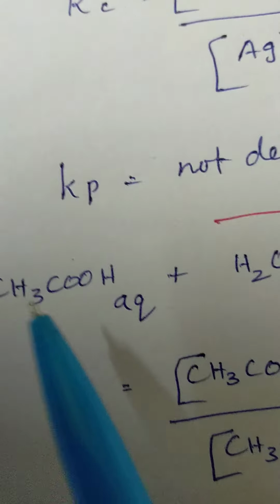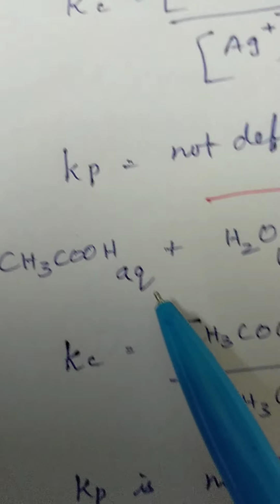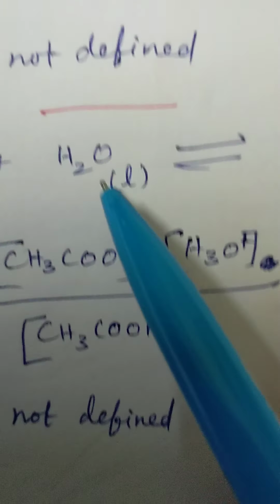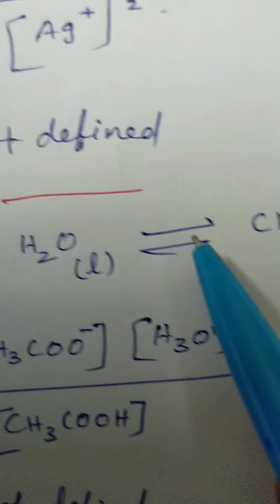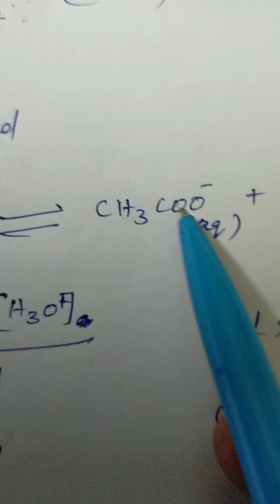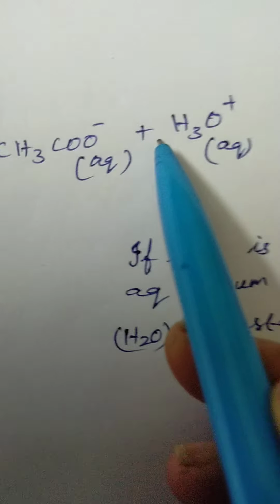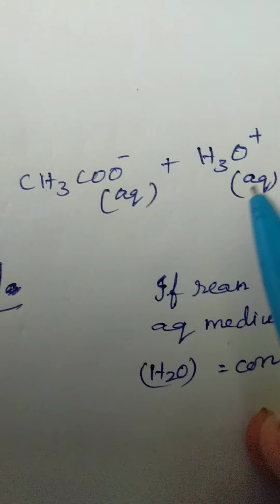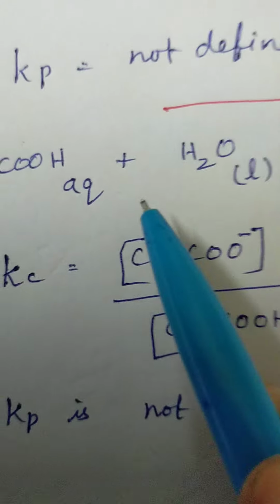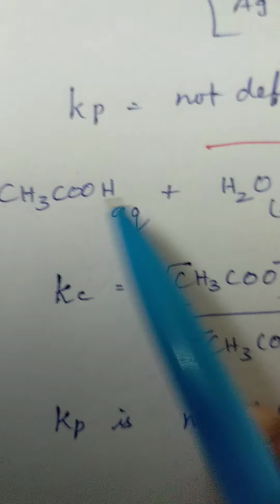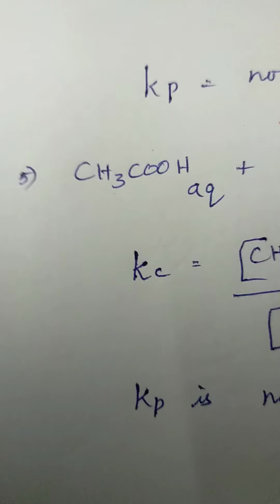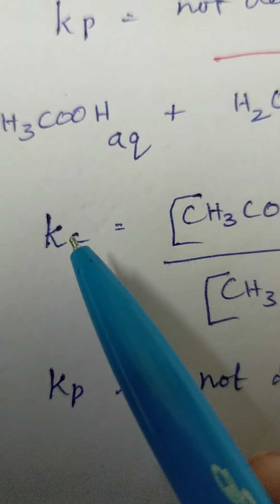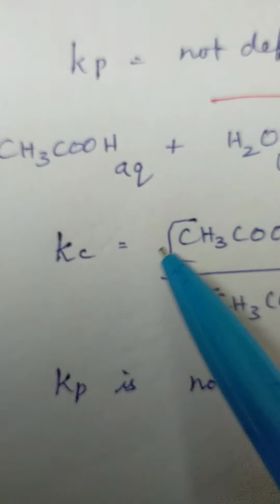Look at this next example. CH3COOH in aqueous gives H2O, which is liquid state, giving CH3COO- in aqueous plus H3O+ aqueous. So here we are taking this acid and diluting it, so the water is used as a solvent. So what is the Kc of this reaction?